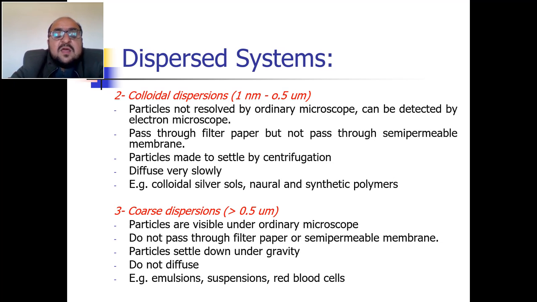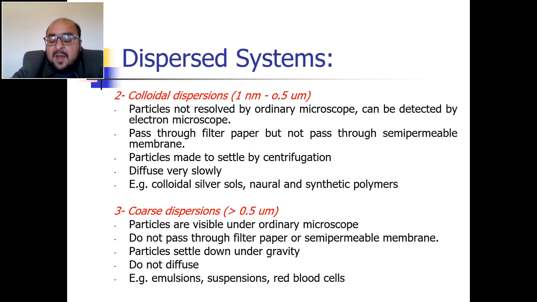In colloidal dispersion, the particles are not resolved by the ordinary microscope and can be detected by the electron microscope. The colloidal dispersion can pass through the filter paper, but not through the semi-permeable membrane.